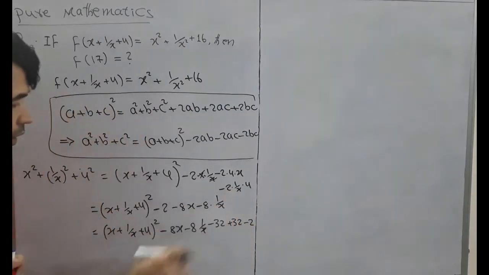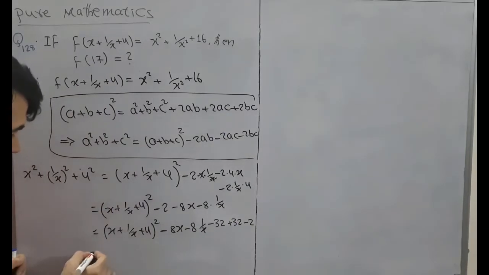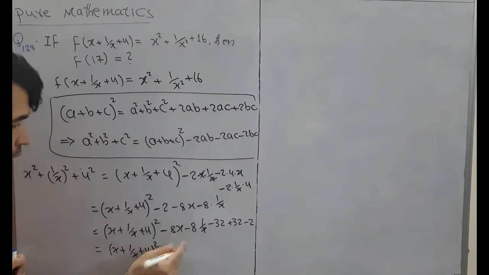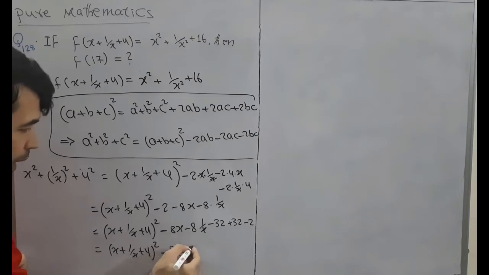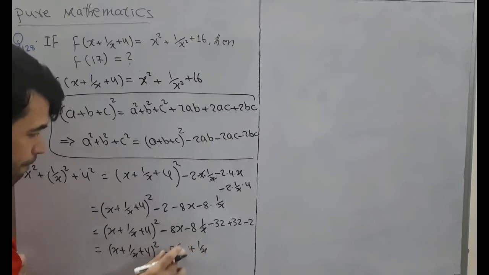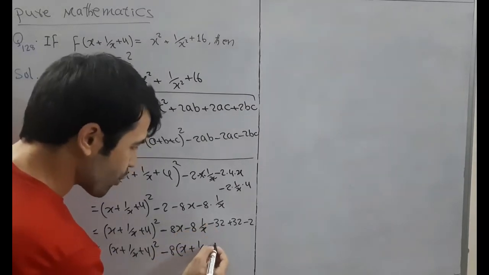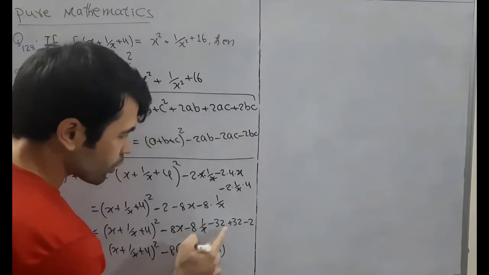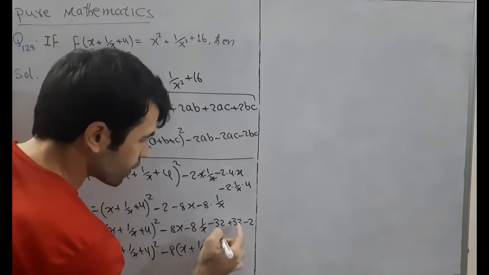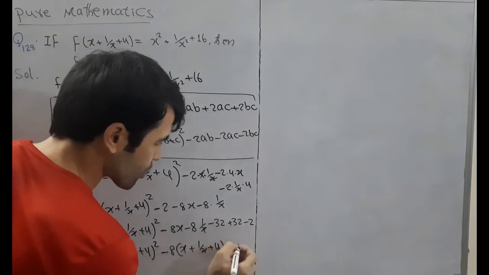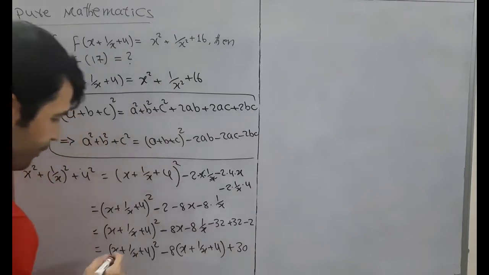They will cancel, then we will get 0. It is equal to (x plus 1 over x plus 4) whole square minus, we take 8 as a factor, 8 into (x plus 1 over x plus 4). Here 32 plus 32 minus 2 is equal to 30.